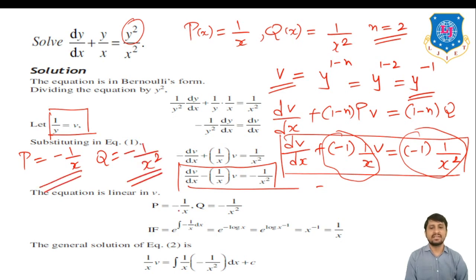Okay, P is -1/x and Q is -1/x². And now easily we can find the solution for this linear differential equation. First we find the integrating factor. So the integrating factor is e^(∫-1/x dx), that is e^(-log x), so that is e^(log x⁻¹). So the final answer for the integrating factor is 1/x.